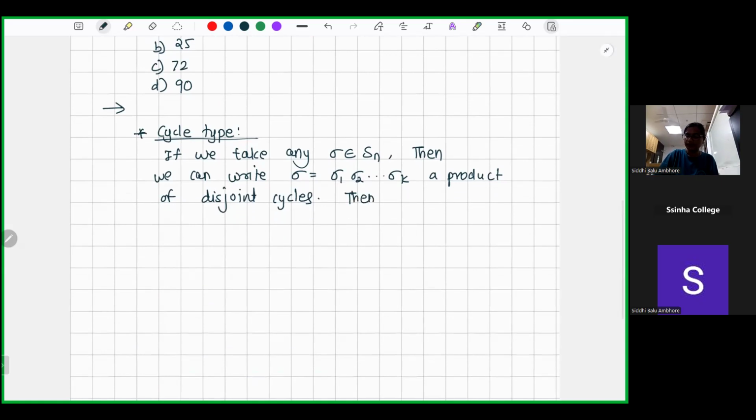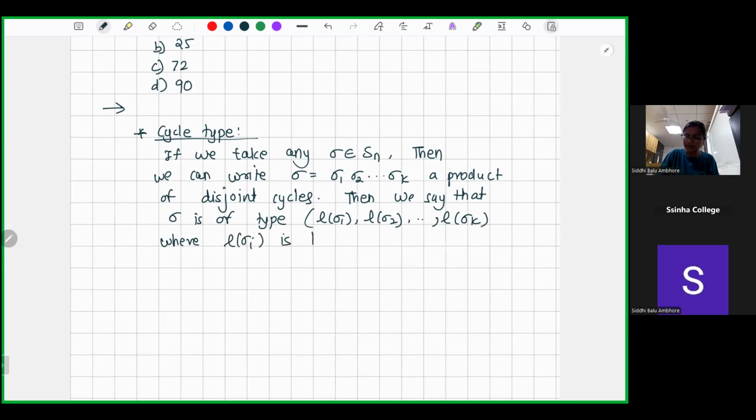Then we say that sigma is of type L sigma 1, L sigma 2, ..., L sigma k, where L sigma i is the length of cycle sigma i.